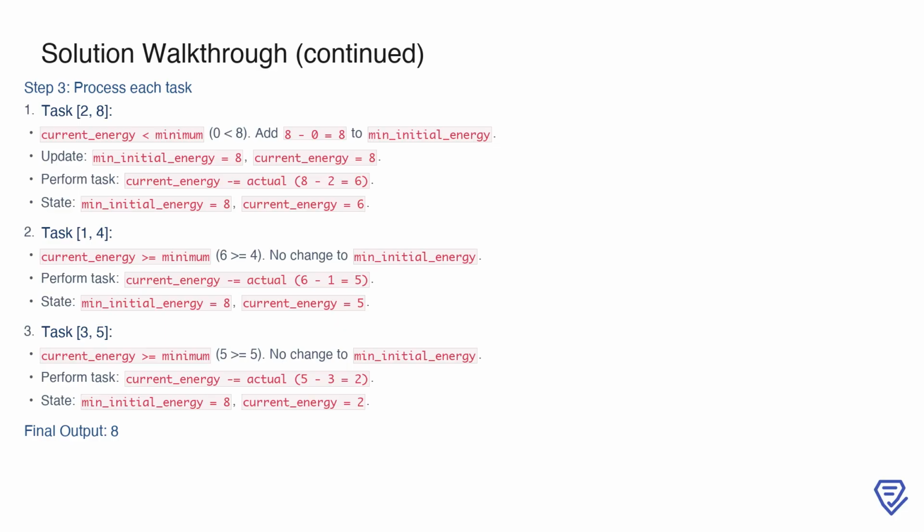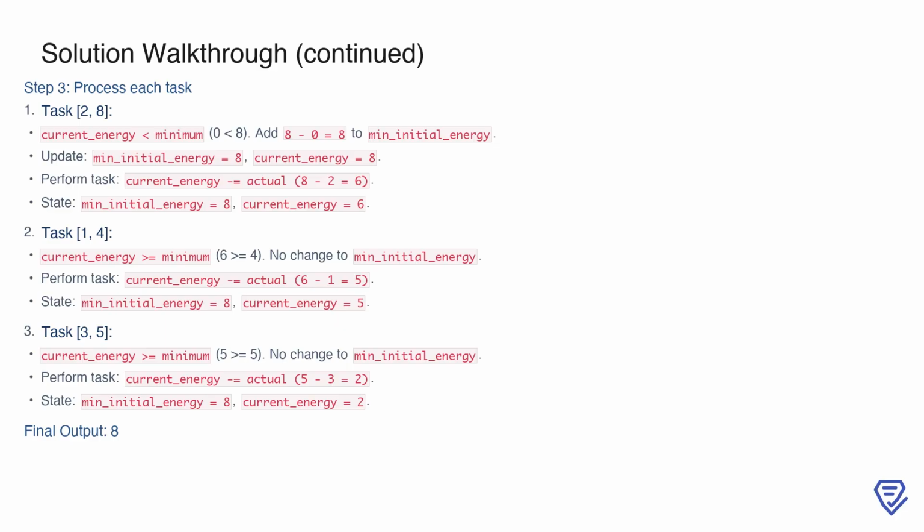For the second task, [1, 4], current_energy is already greater than or equal to the minimum, so we don't need to adjust min_initial_energy. Performing the task reduces current_energy by 1, leaving it at 5. For the final task, [3, 5], current_energy is again sufficient, so min_initial_energy remains unchanged. Completing the task reduces current_energy by 3, leaving it at 2.